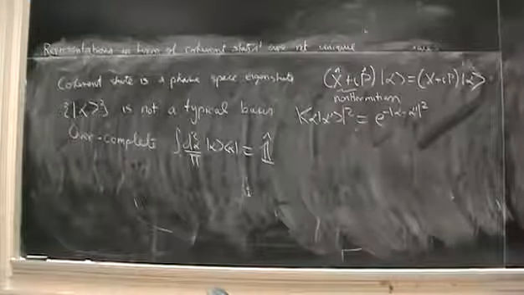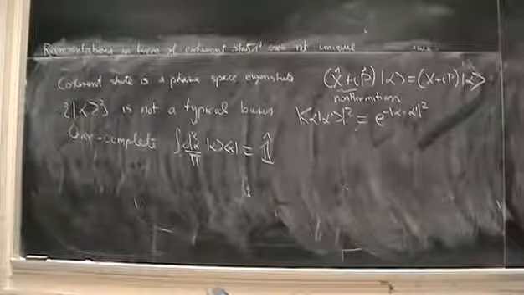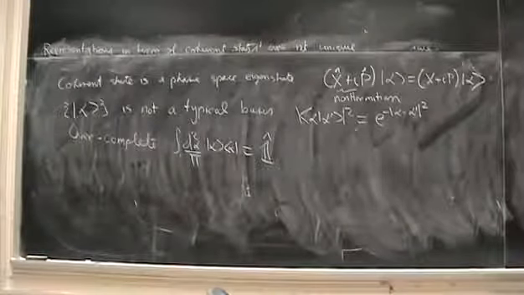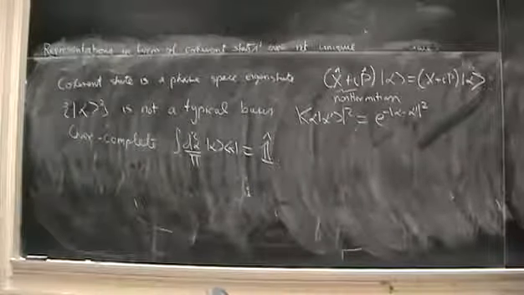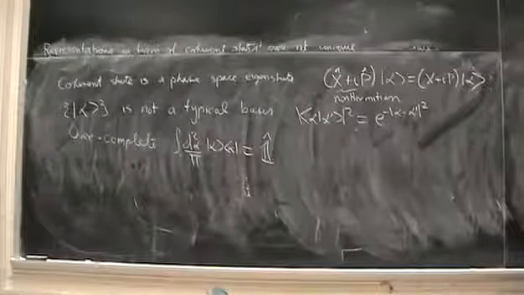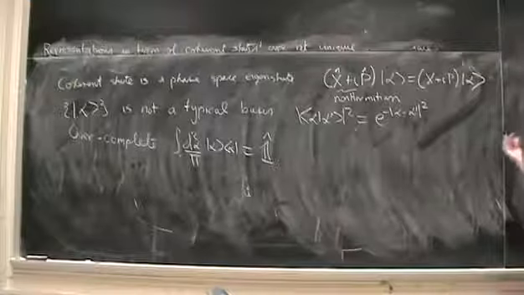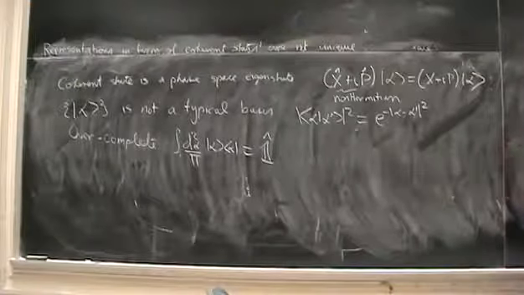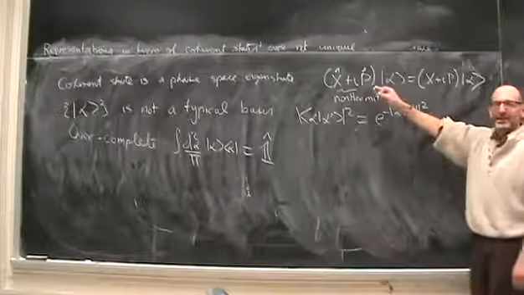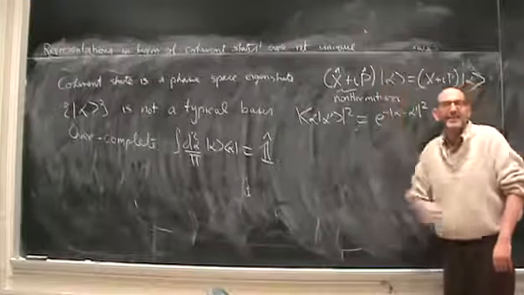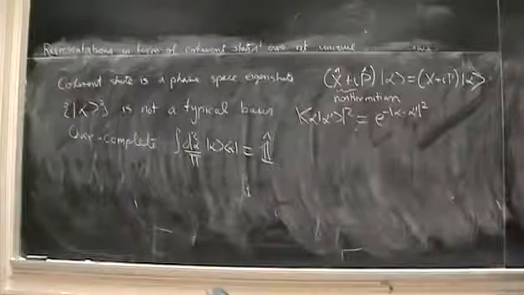It's over-complete. So this is kind of a weird basis to work in. And what it means is that we're kind of simultaneously trying to represent the state in X and P at the same time. And because of the incompatibility of X and P, there's something odd about that.